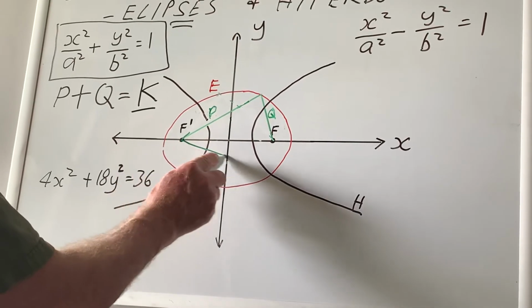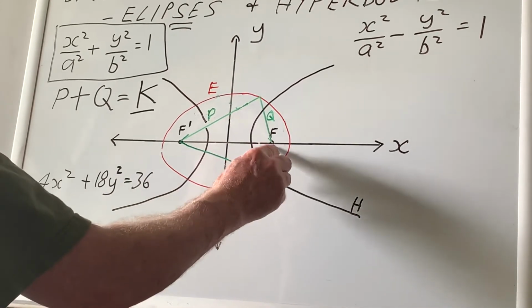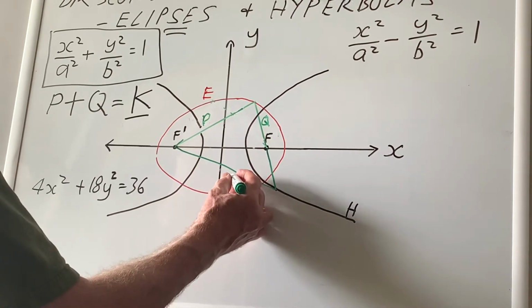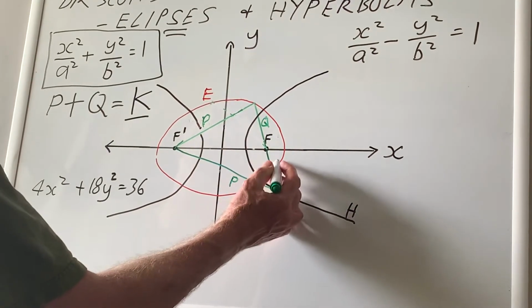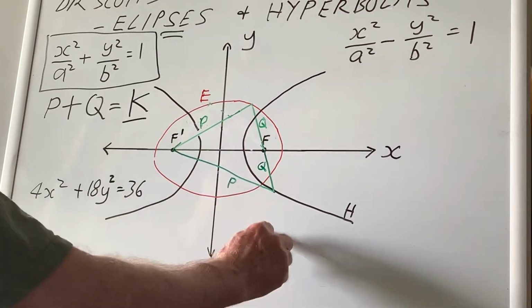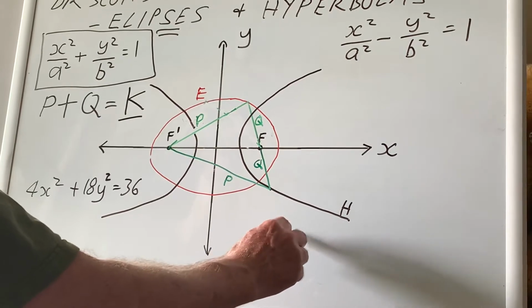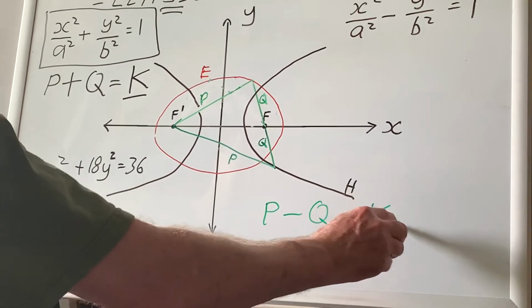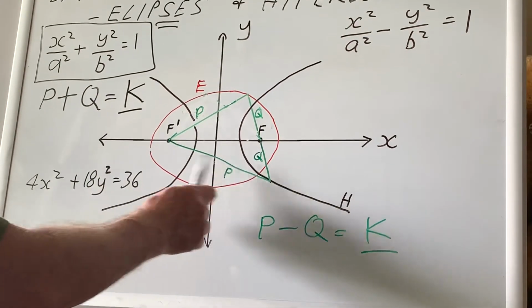We could go like this and up to there, and we'll call those P and Q, the same as before, even though it's quite a different thing. But we find that P minus Q equals a constant, no matter where you go.